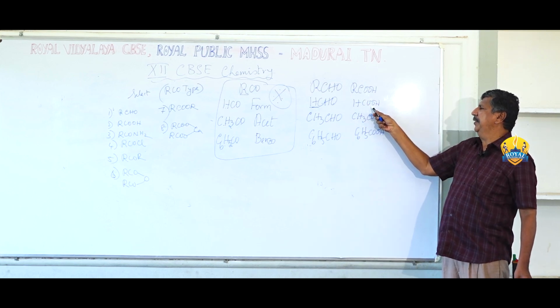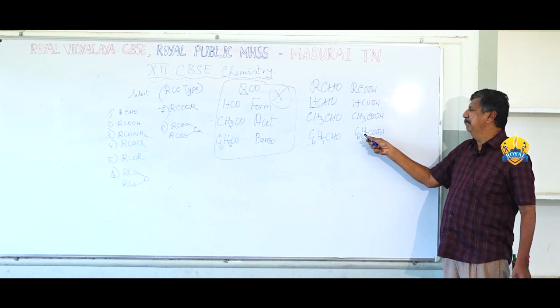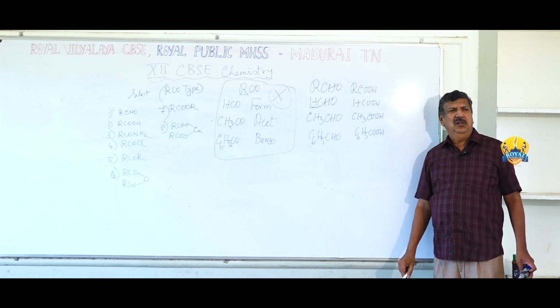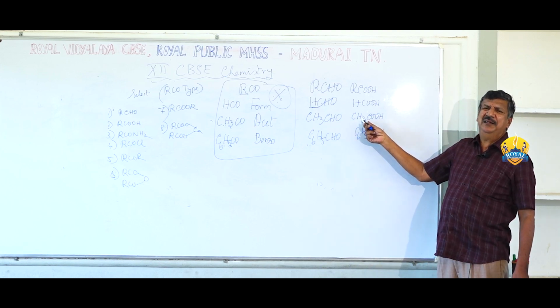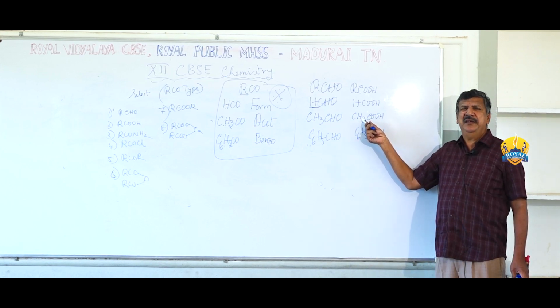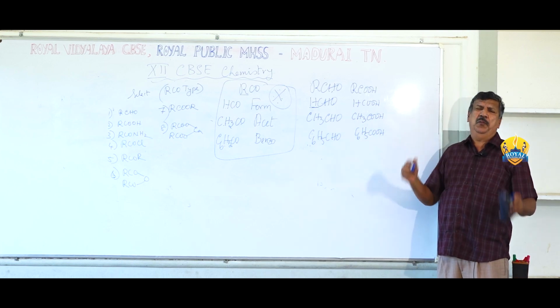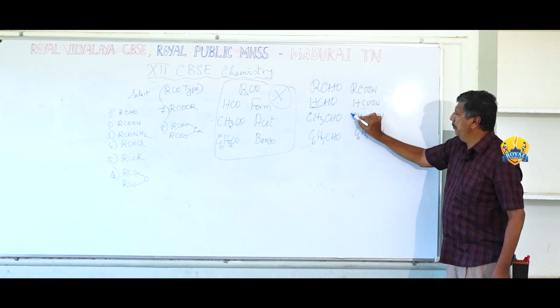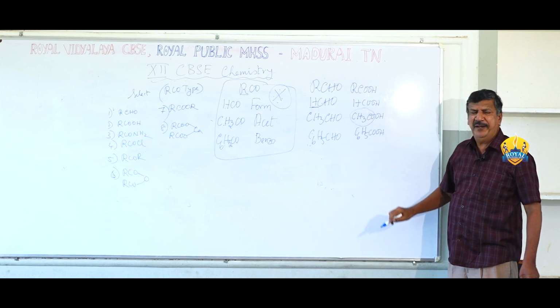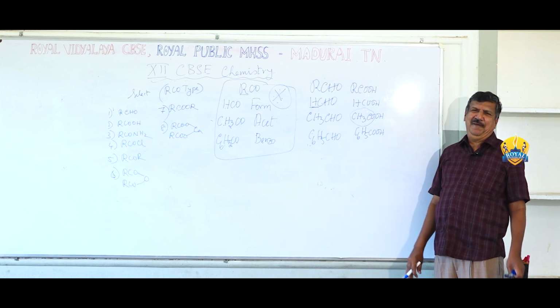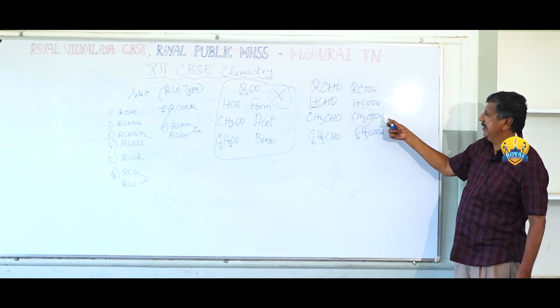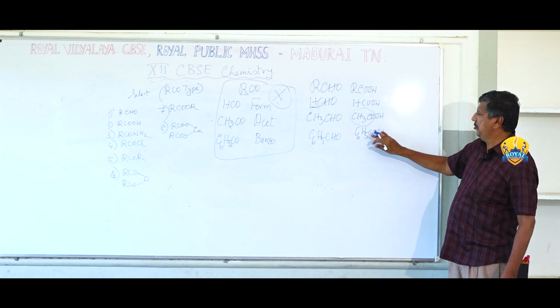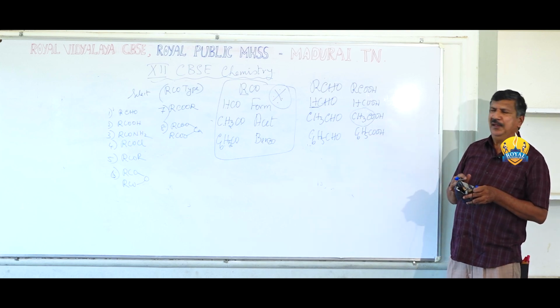Sir, this is formic acid, acetic acid, benzoic acid. Why is it called acetic acid? Why is it not called methyl acid? Because it is a carbonyl compound. A carbonyl compound should be named as acid. That's why it is called acetic acid. This is called benzoic acid.